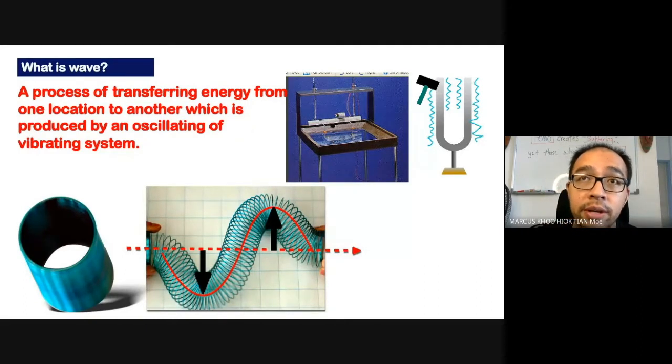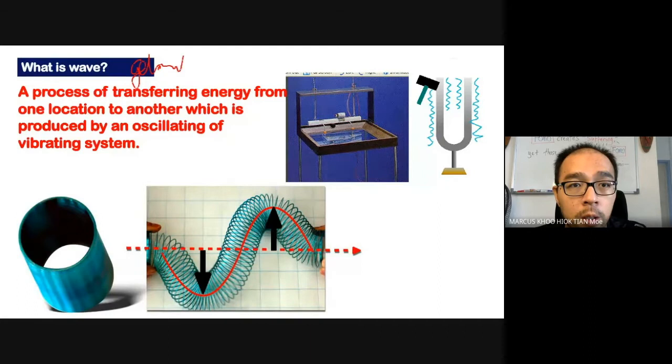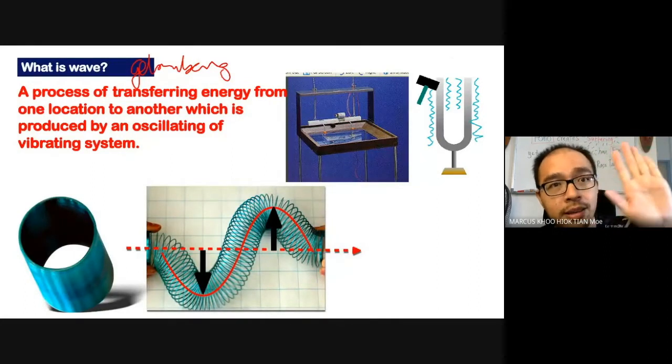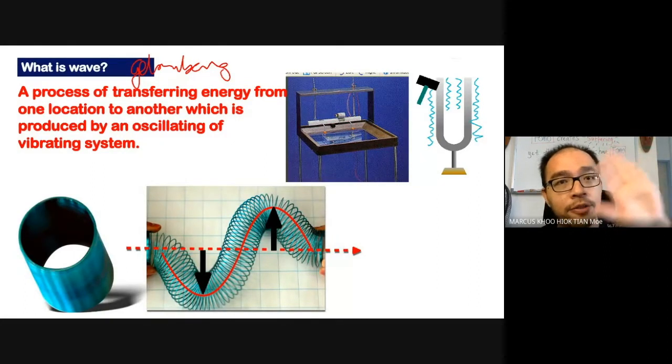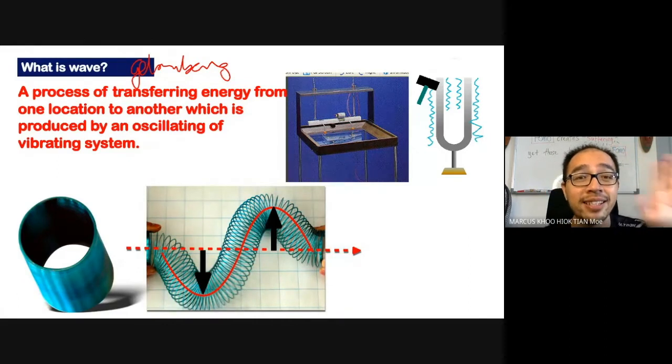Previously we thought gelombang is just gelombang. Wave in Malay is gelombang, not ombak, and definitely not lambayan. People think this is a wave, but technically, this is a wave, vibrating back and forth, like bye. This is a wave.